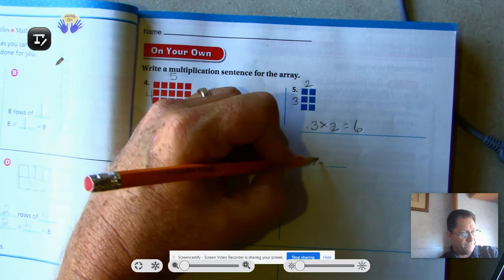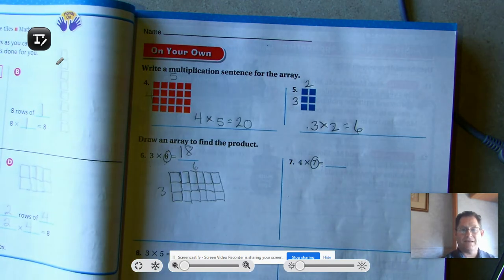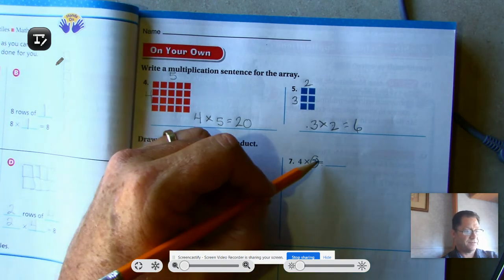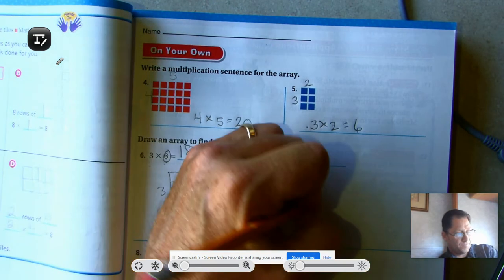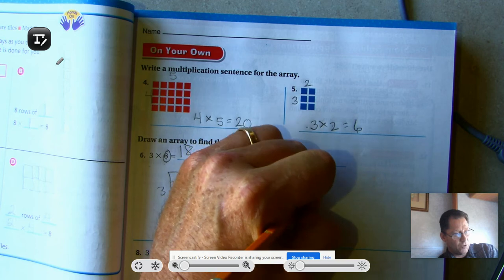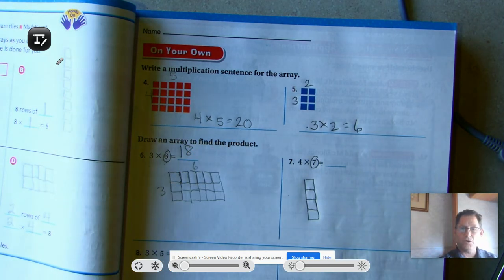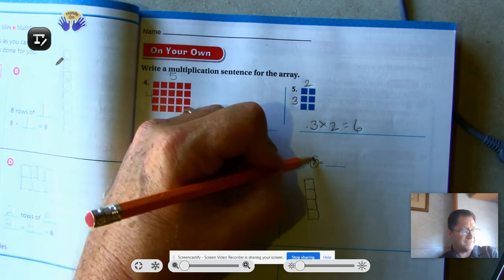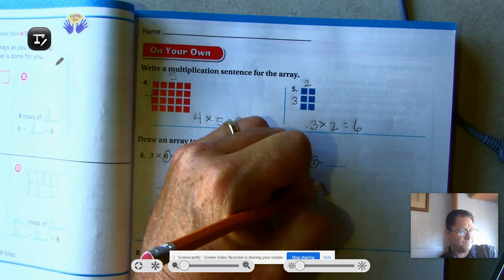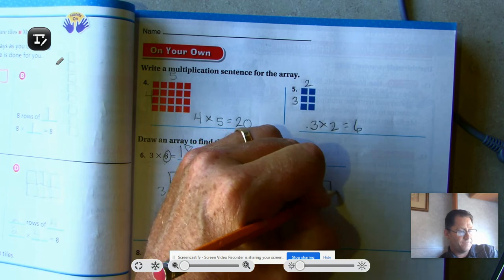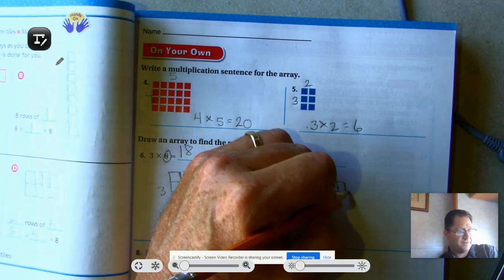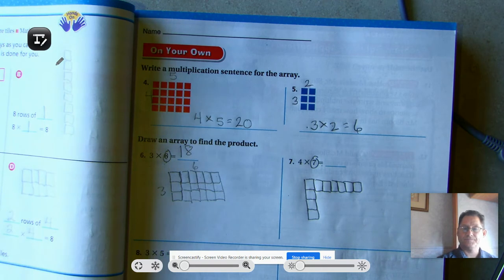Okay, number 7, 4 times 7. The second factor tells me how many in each row. So I'm going to start with my 4 rows. Okay, so there's my 4 rows. Every row must have 7. 3, 4, 5, 6, 7.